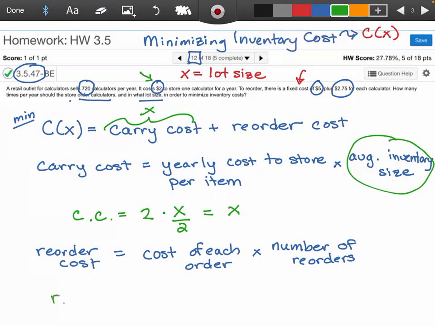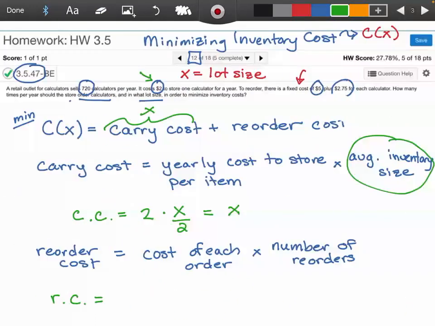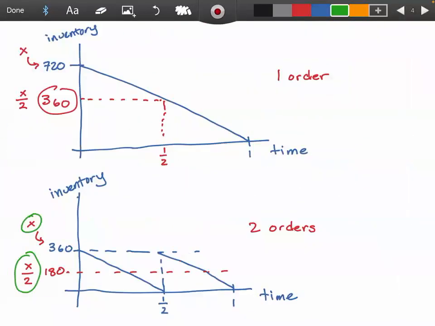Okay, so the cost of each order. Well, they told us here that it's 2.75 per calculator for each order. And we figured out that each order, we're going to order X calculators. We're going to order maybe 360, 720, 180. We don't know the number yet, but we're going to order X, right?